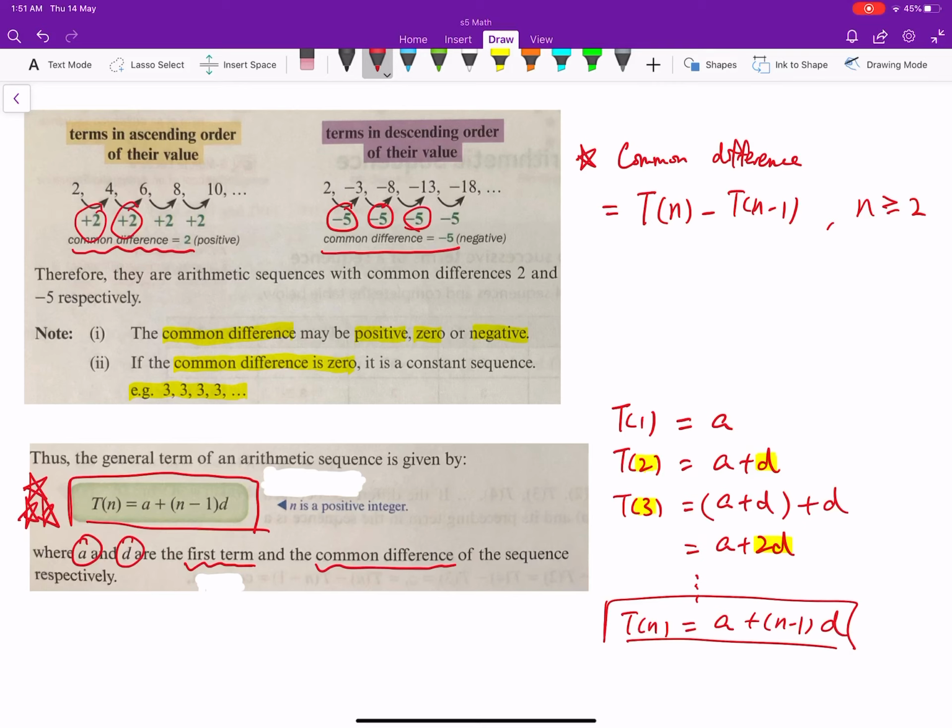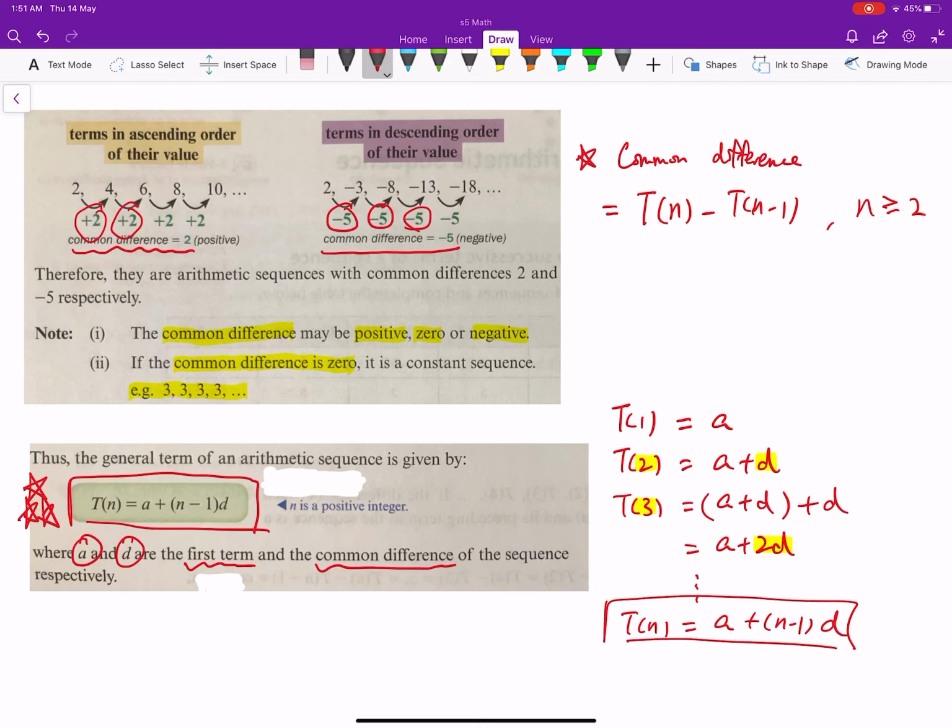In this chapter, we basically have 4 or you can say 5 formulas to remember. This is the first one. Just how do you remember this one? In this formula, actually you have 4 unknowns.